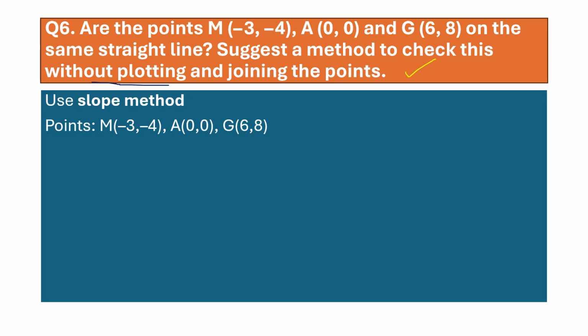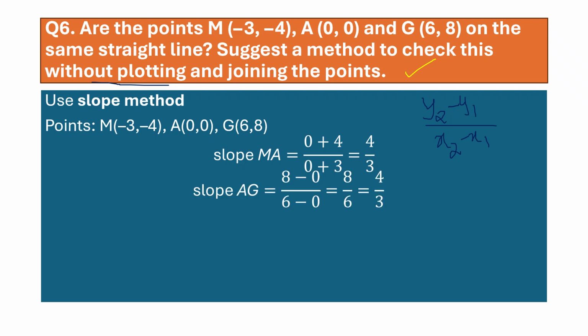So write down the steps, write down all the coordinates. And what is the slope here? Let's understand the slope. Again, y2 minus y1 upon x2 minus x1. I'll quickly write this down so that it will be easy for you to jot it down. So we have 0 plus 4 upon 0 plus 3. We got 4 upon 3.